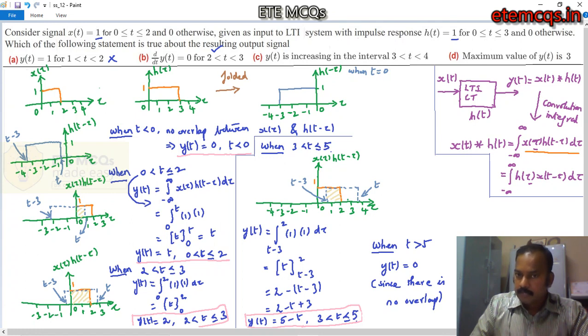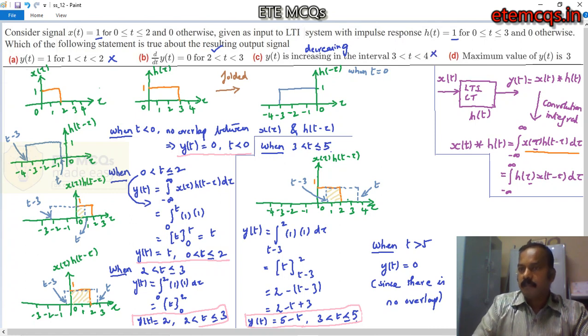It is not increasing. It is a decreasing function. If you have decreasing here, then it is correct. Whereas increasing is incorrect. So this is also incorrect.